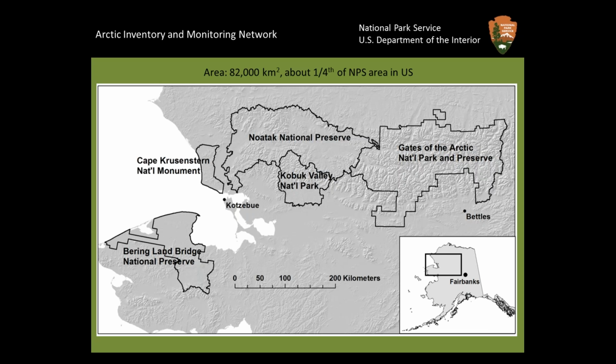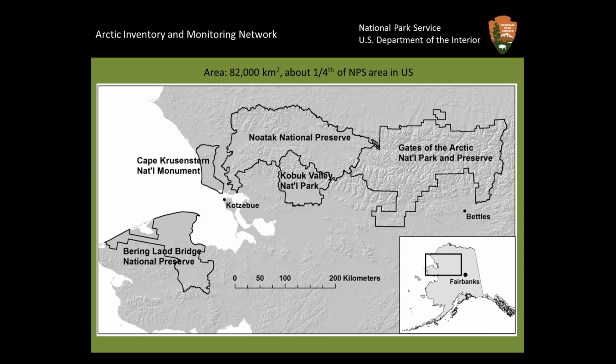They've been aggregated for the purposes of monitoring, and they cover about 82,000 square kilometers, which is actually about a quarter of the area of all national parks in the United States, big parks. So that's my responsibility then, is to monitor permafrost in these national parks.